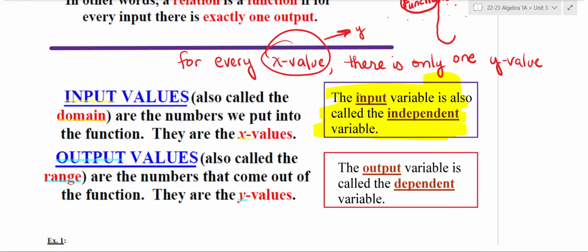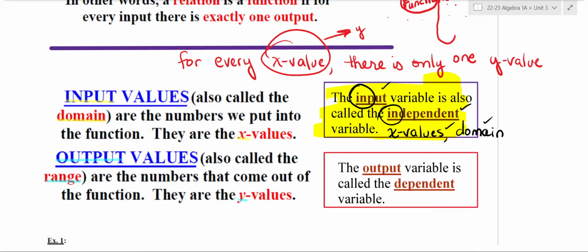Input, independent. The other two words that go here would be x values and domain. All right, so those four words, input, independent, x values, and domain, are used interchangeably, though they each kind of mean their own thing.